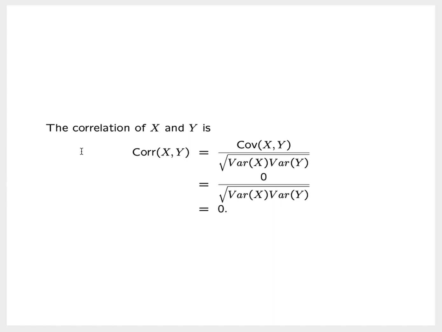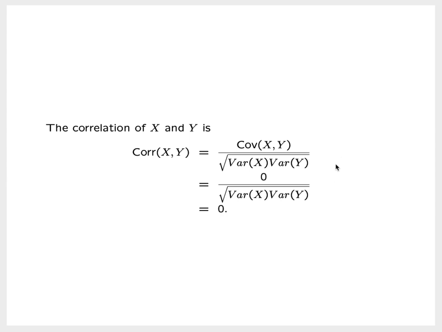Okay, then once we have the covariance, we can find the correlation. Now, we know that the covariance is 0, so the numerator is 0. The only question would be, is this correlation defined? If either of the variances are 0, then the denominator would be 0, and the ratio would not be defined. But neither of the distributions is degenerate.